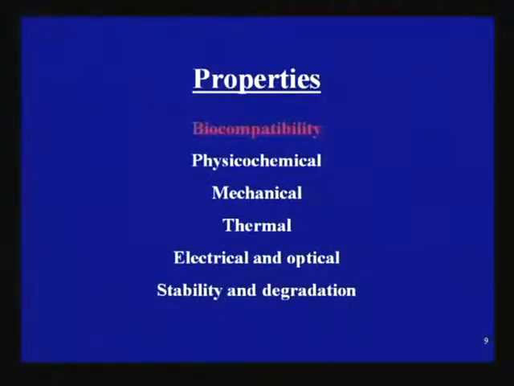So, you should take care of those properties, requirement, biocompatibility. That means the external or foreign body should be accepted without any hazard, without any toxic effect in the body.